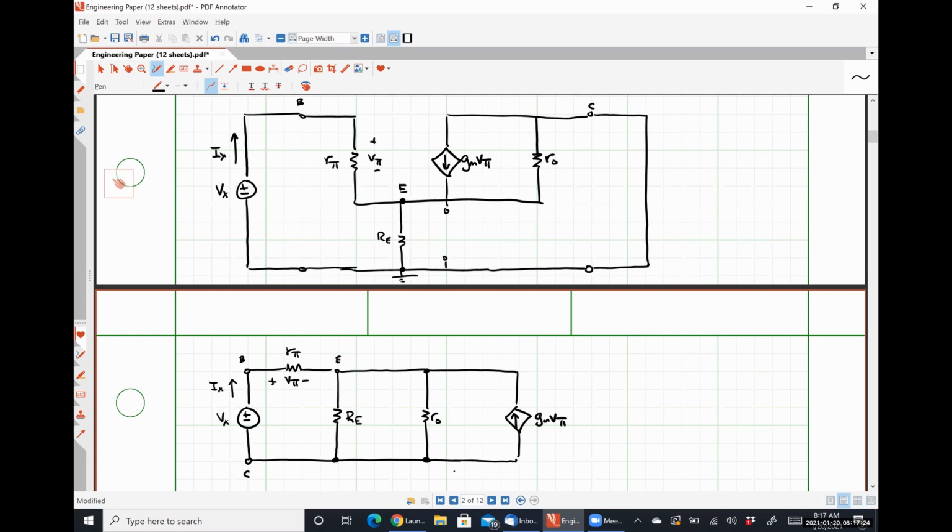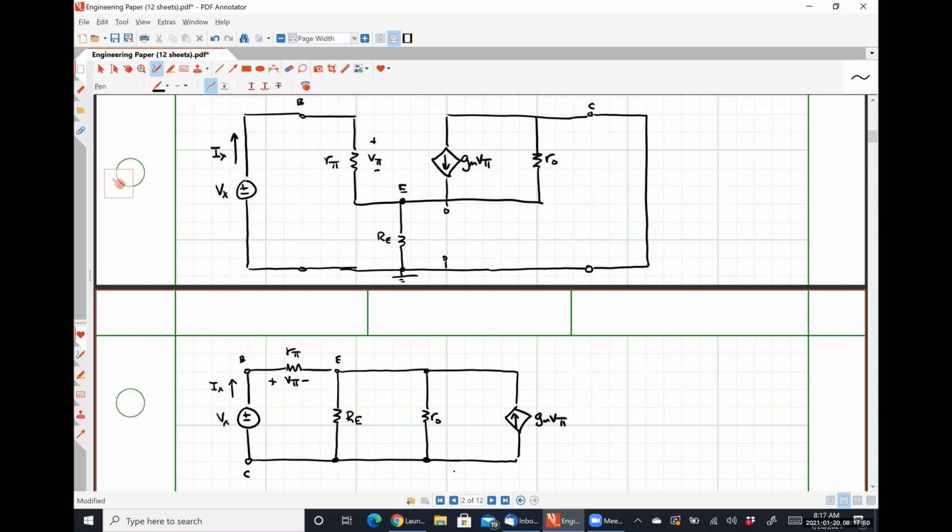Okay. So there are two different ways that we can approach this, and we'll get the same answer. I'm going to use the easier way, and then if you guys don't believe me, we can work it the other way. So what I'm going to do is perform a source transformation, because I have a current source in parallel with two resistances.